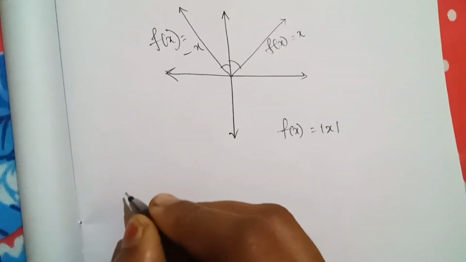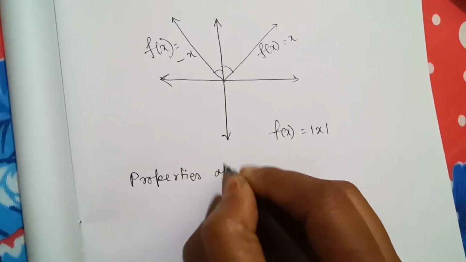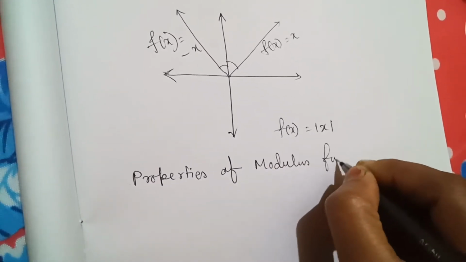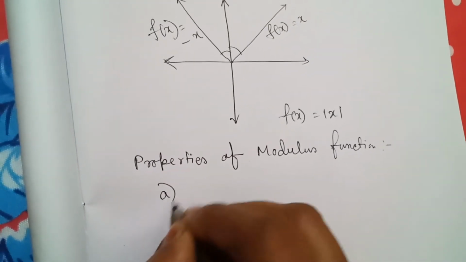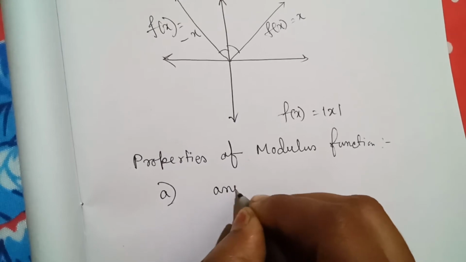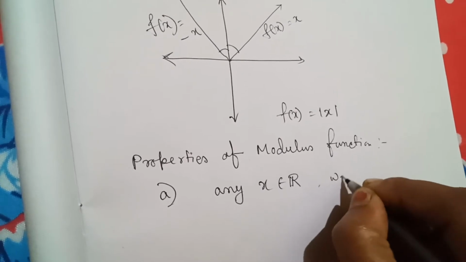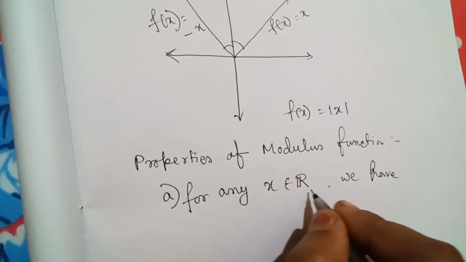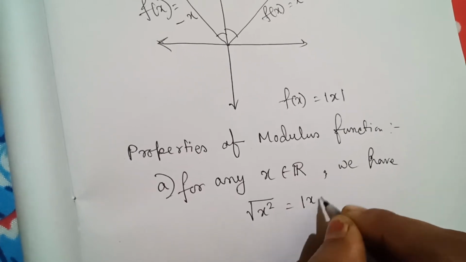Okay, so now I'm just telling you some properties. Properties of what? Properties of the modulus function. Now number 1, I'm giving it as A. For any real number x, any x belongs to R, we have root over x square equals mod x.